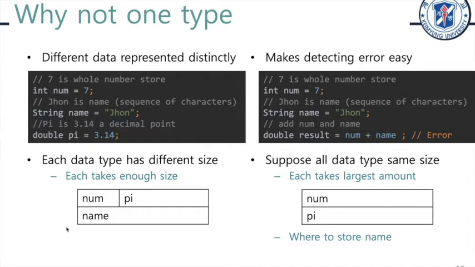Let's say this is your memory or your RAM. Because they have different sizes, you can rearrange them. You can give the first 4 bytes to num, the next 6 bytes to pi, and then the next 8 bytes to name.